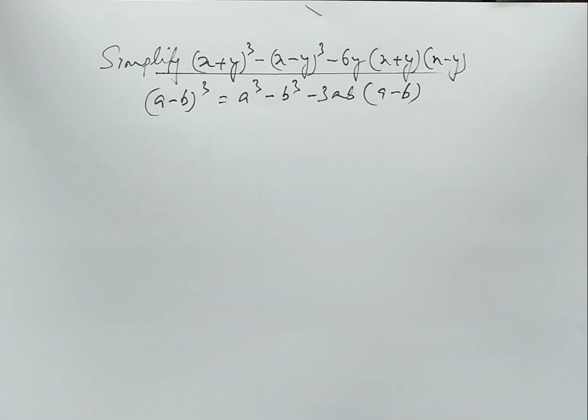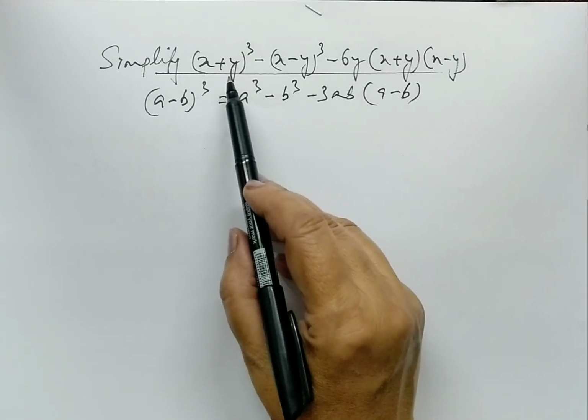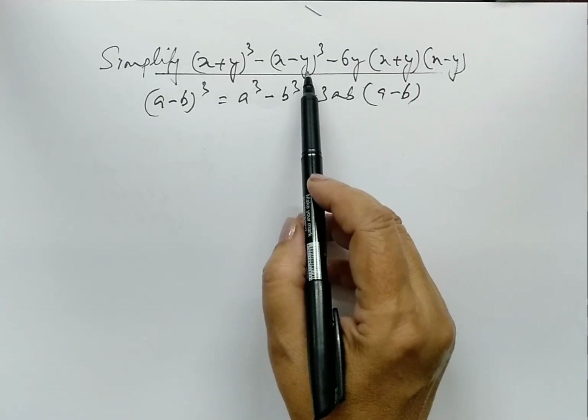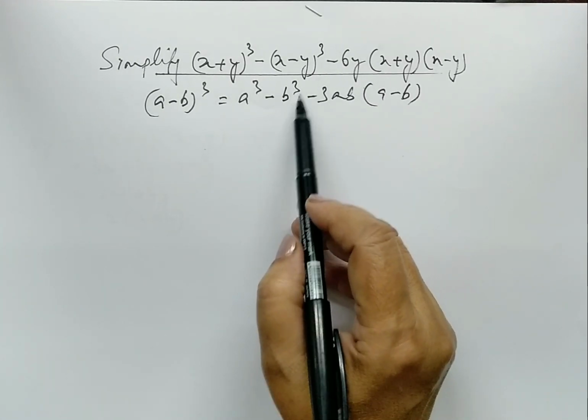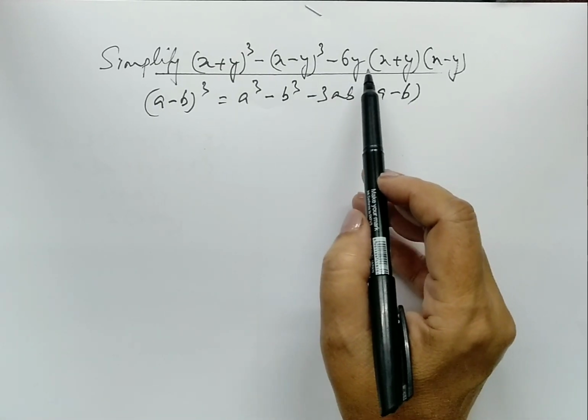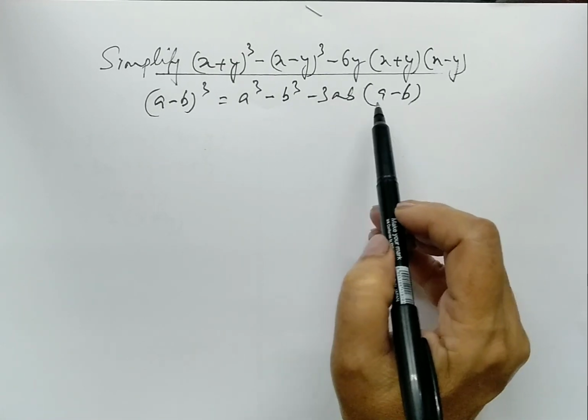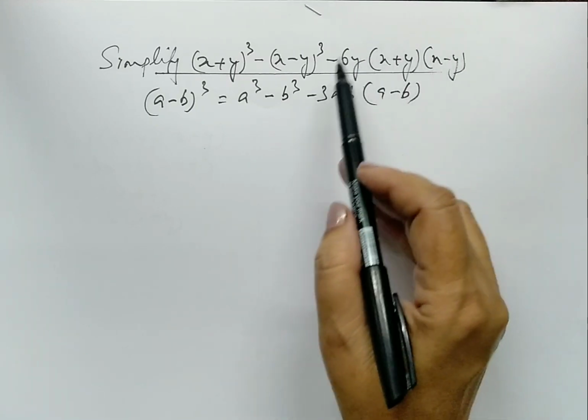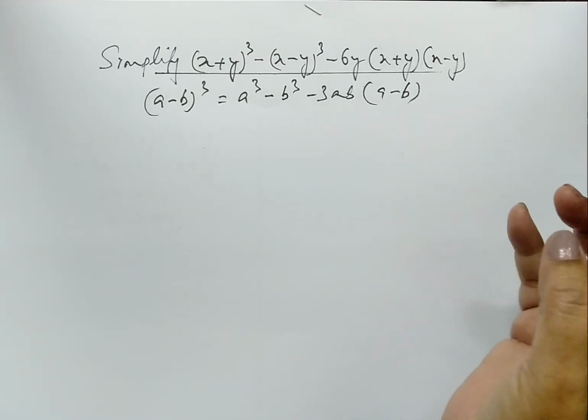So we have this, okay? In the question we have a cube minus b cube also as per this. If we are matching, we have a 3ab(a minus b), which is not visible at all here.